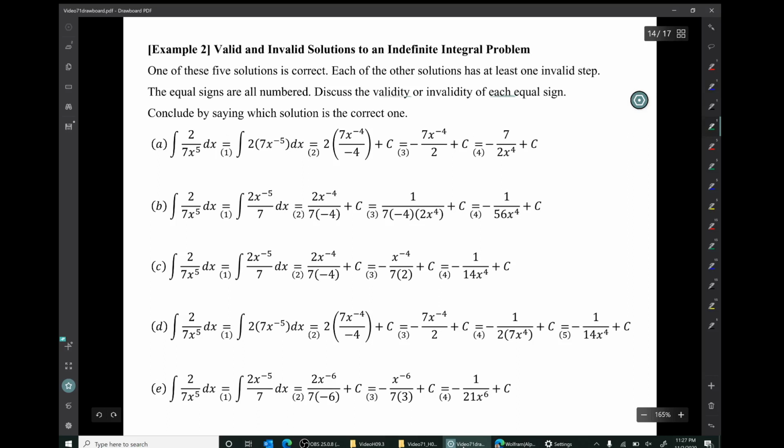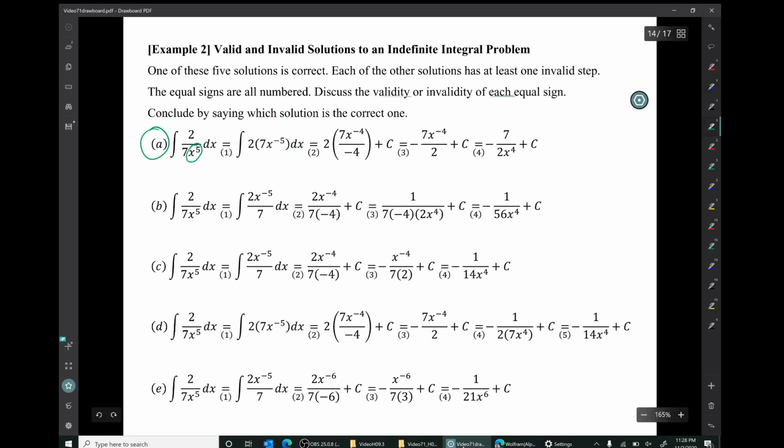Let's look at solution A. We're going to go equal sign by equal sign through this solution. Now notice that in this first step, they rewrote the integrand. They didn't actually integrate. I prefer rewriting the integrand first before integrating, but that's okay. So, this is a style thing. Now let's look carefully at what happened in this step 1.